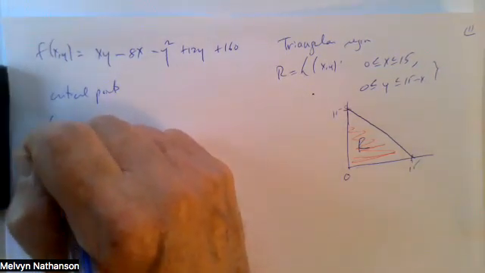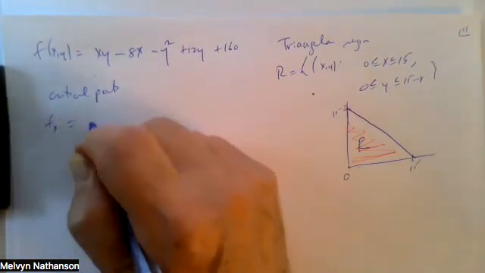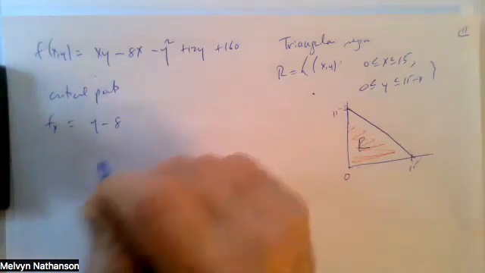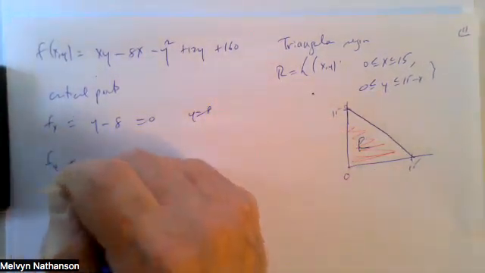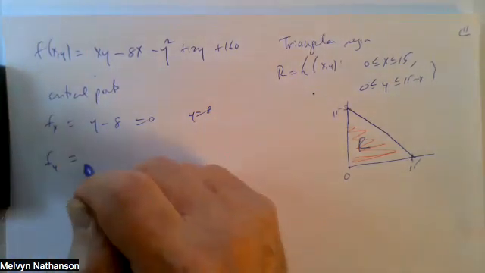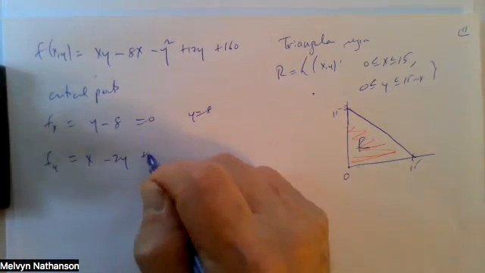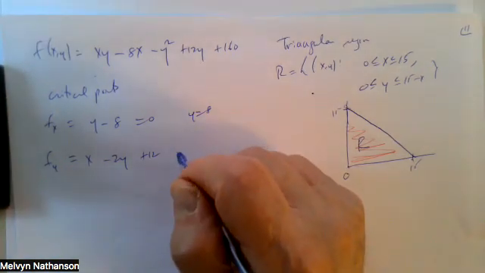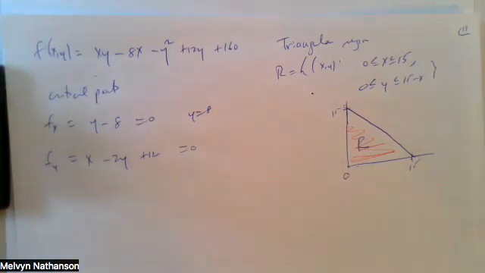So the partial of f with respect to x is y minus 8, that's all it is. And that's equal to 0 when y is equal to 8. Partial of f with respect to y is x minus 2y plus 12. When is that equal to 0?